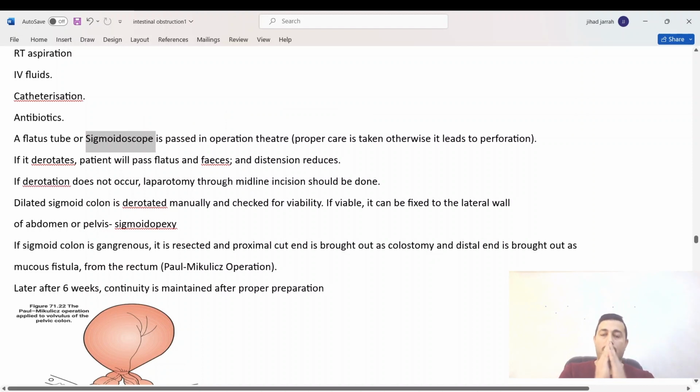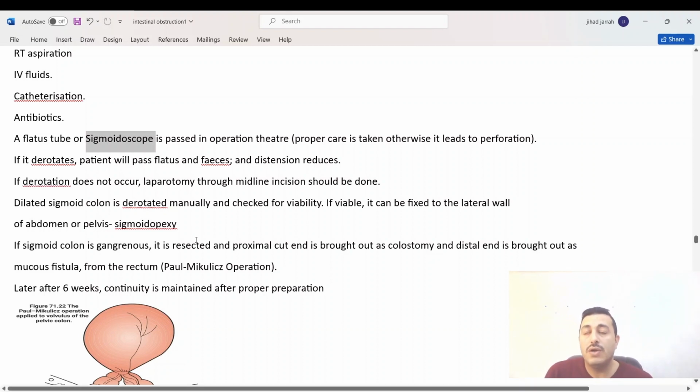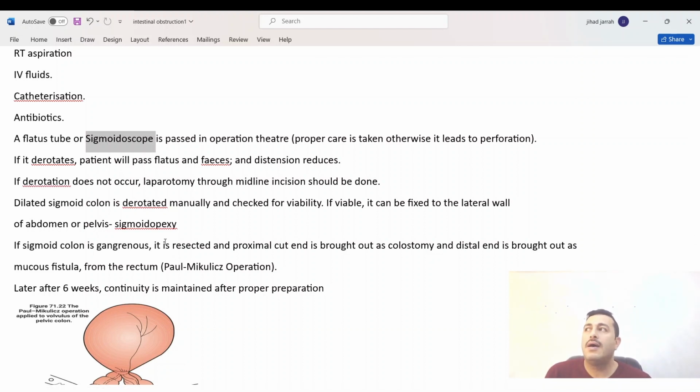Actually, we will talk that it is like a step ladder. We first start with proctoscope, sigmoidoscope. If that fails, we proceed to colectomy. Sometimes we proceed to colectomy or laparotomy from the beginning if there is a sign of strangulation.